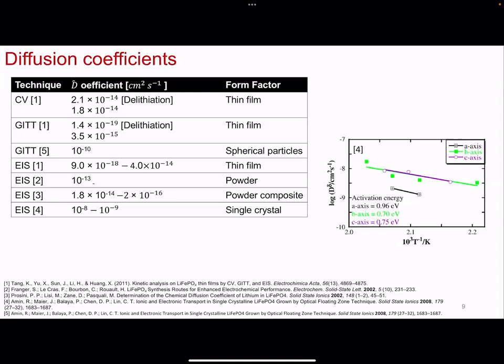So this table just goes to show you the range of diffusion coefficients that you can get on just one material, with one study, with different techniques, and also the same technique across different types of form factors for the same material.